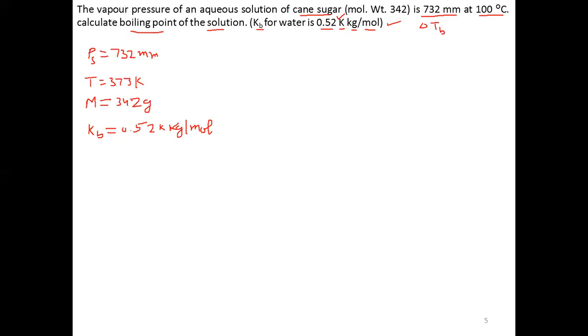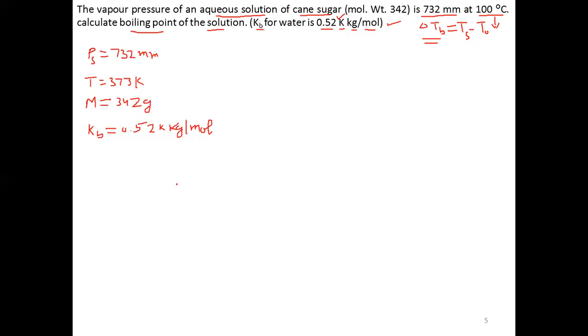Now what we have to calculate is the boiling point of the solution. We can calculate it if we know delta Tb. The temperature is 100 degrees Celsius, which is the boiling point of the aqueous solution's solvent, water. If we can calculate delta Tb, the elevation in boiling point, we can calculate the boiling point of the solution. Delta Tb is the boiling point of solution Ts minus T naught, the boiling point of pure solvent.